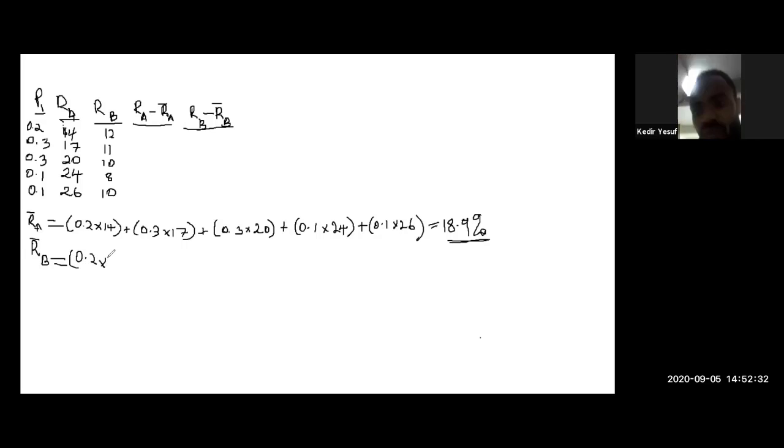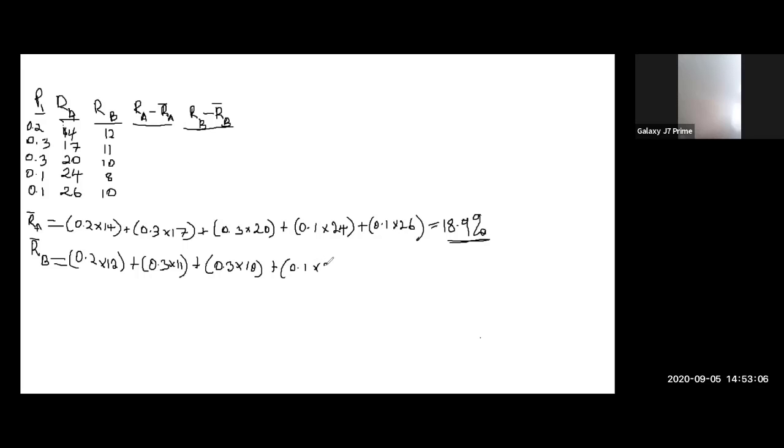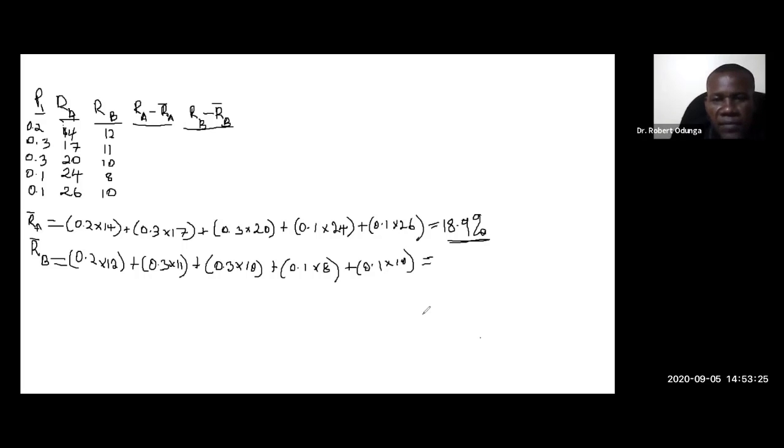Yes, 0.2 times 12 plus 0.3 times 11 plus 0.3 times 10 plus 0.1 times 8 plus... All right. So can you give me the answer for B as well?